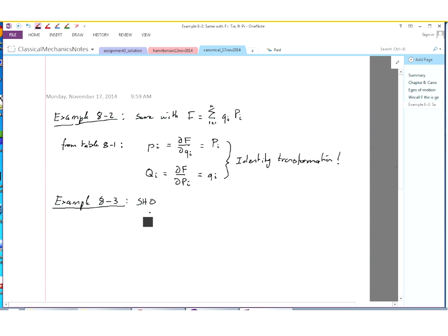This is the simple harmonic oscillator, solved with the generating function capital F given by m omega over 2 q squared, so little q squared, cotangent of capital Q, where omega is just the angular frequency of the simple harmonic oscillator.